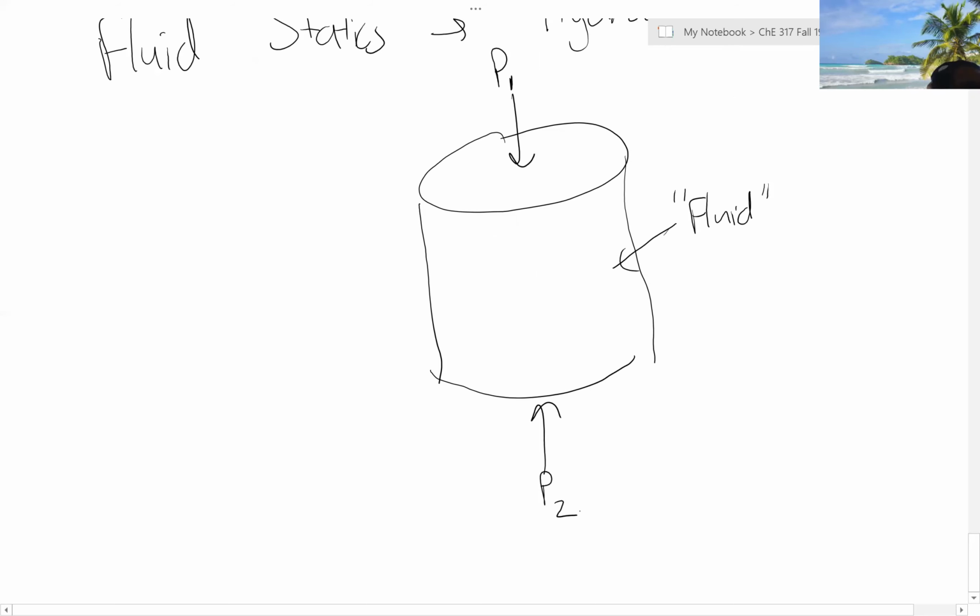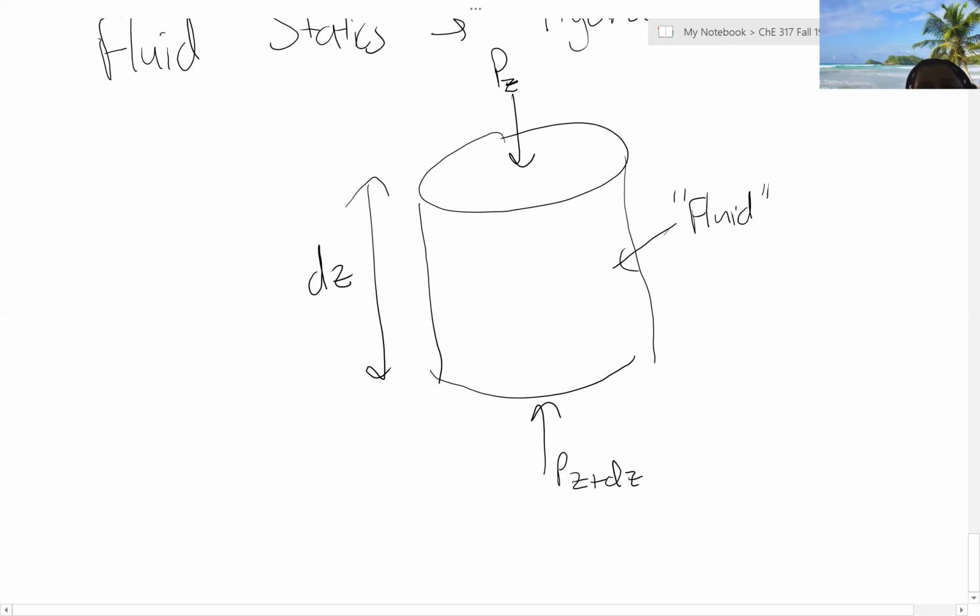And I guess if you want me to be super mathy about it, I can define it as P sub z plus dz, with the height of this column being a differential height, or a dz.